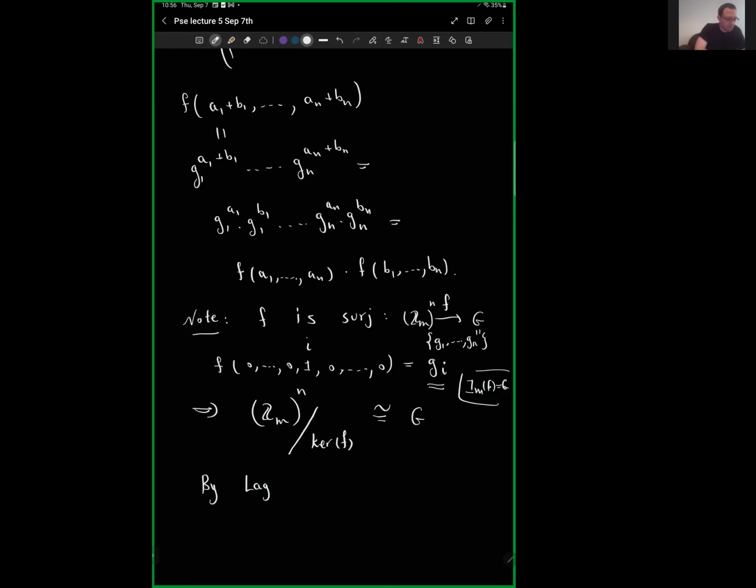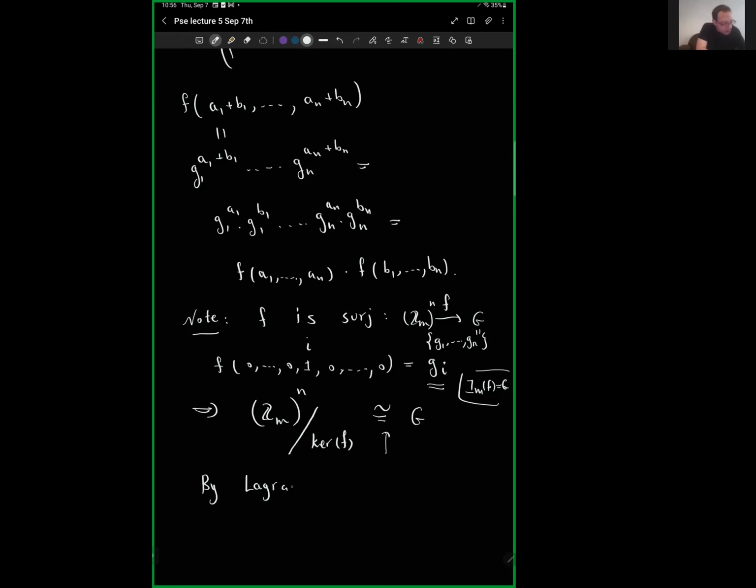Okay, fair enough. So by the first isomorphism theorem, I get an isomorphism of groups: Zm to the n modulo the kernel is isomorphic to the image, but the image of F is all of G. So it's isomorphic to G. Okay, makes sense.